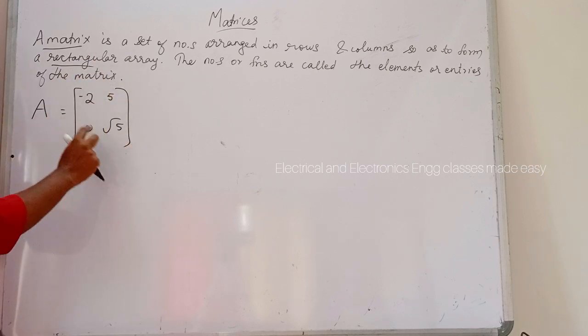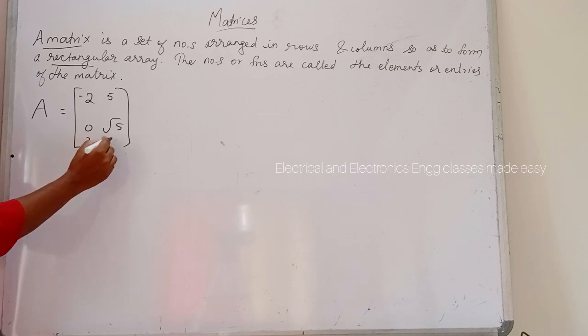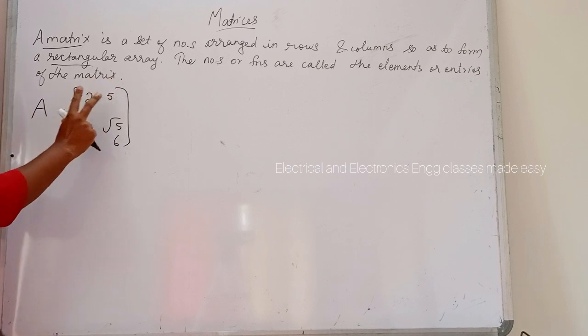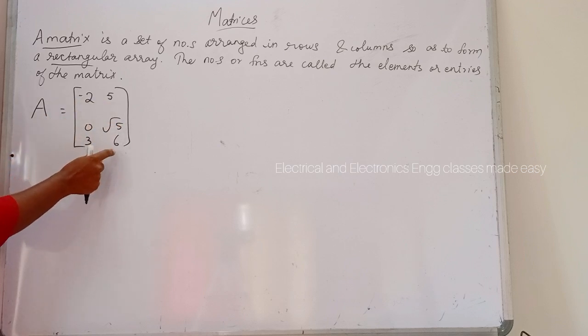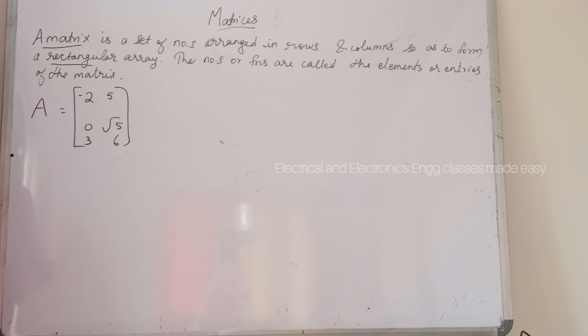So this is a square matrix and it can be like this. If there is another row, then it is a rectangular array. And here these numbers are called elements or entries.